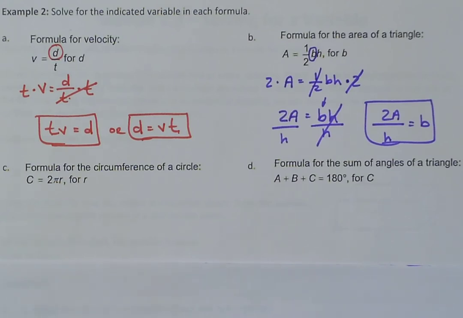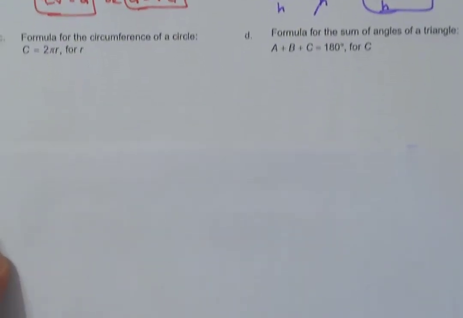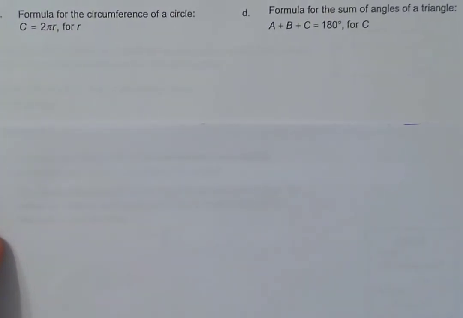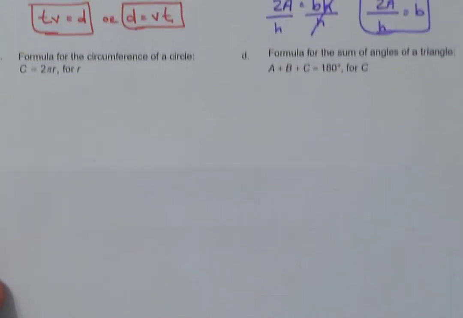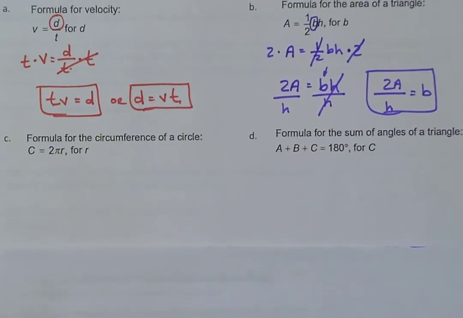All right, so moving on, let's take a look at c, which is going to deal with the formula of the circumference of a circle. And in fact, I'm actually going to pull back down parts A and B so you can reference them if need be.